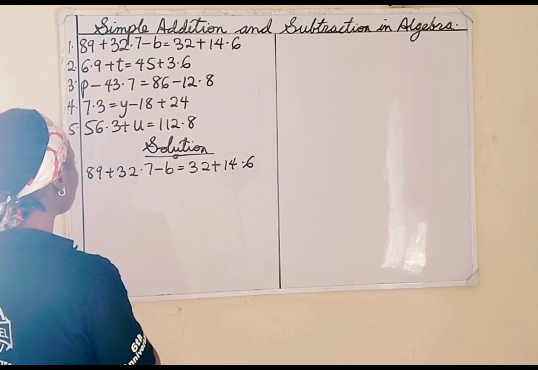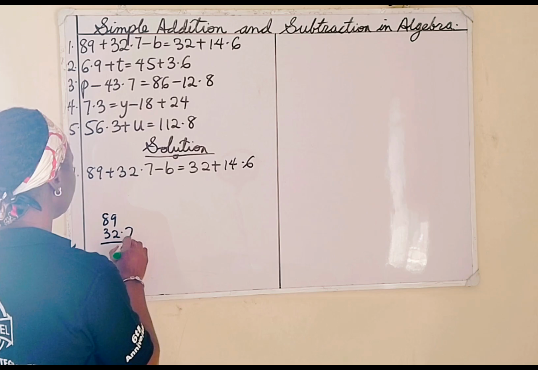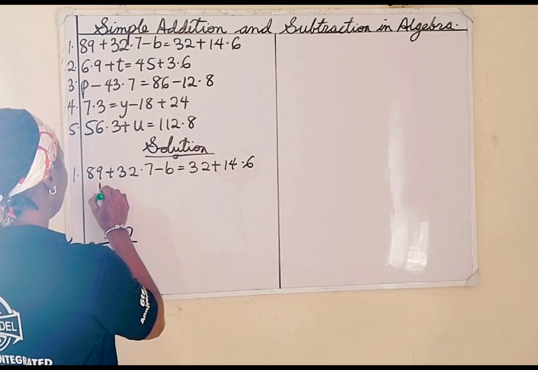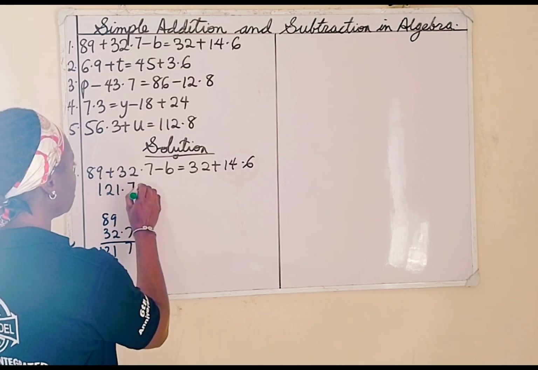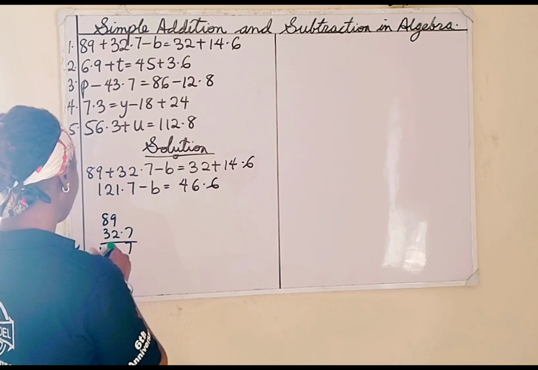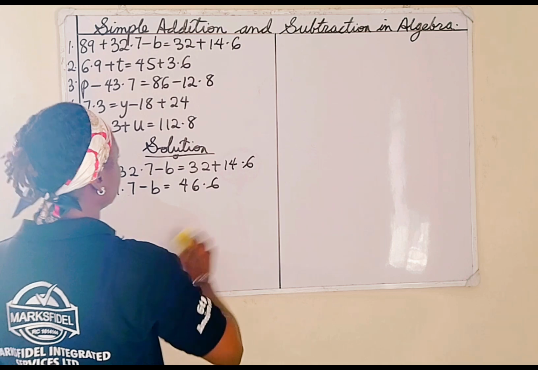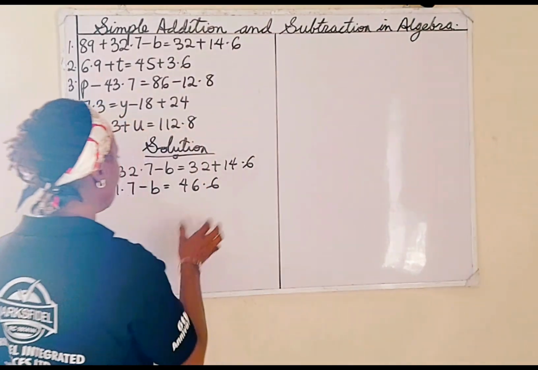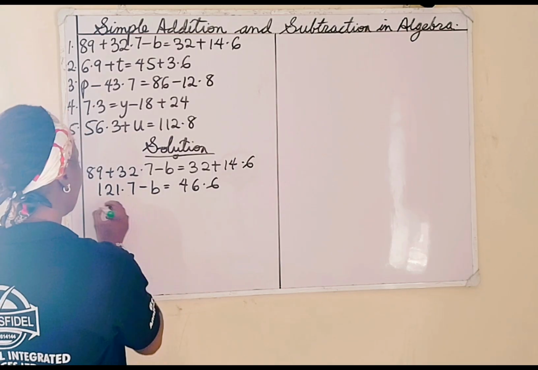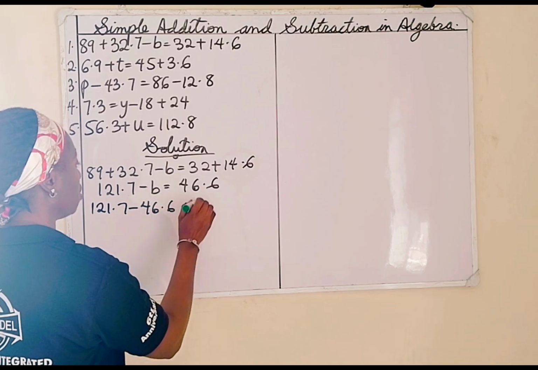That gives us 121.7 minus b equals 46.6, right? 46.6 comes here and minus b goes there. So we have 121.7 minus 46.6 equals b.